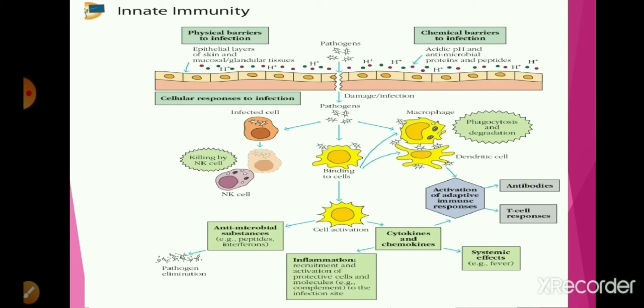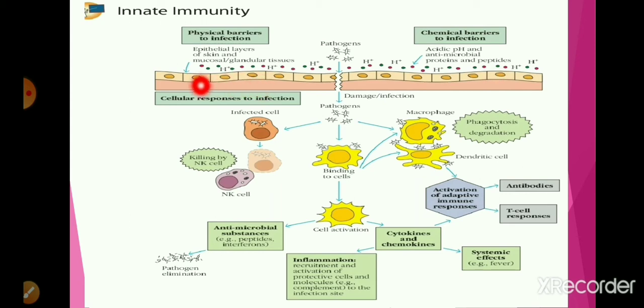Basically we know that innate immunity includes physical and chemical barriers. These are the physical barriers and this is the chemical barriers. These barriers prevent infection and are provided by the epithelial cell layer.